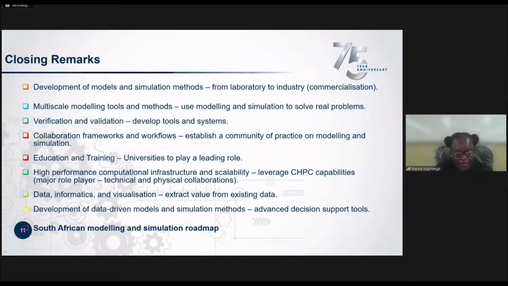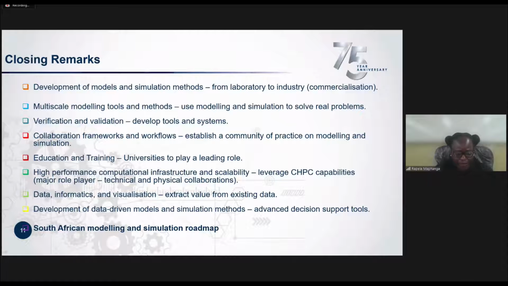And as I said, they will be the major role player, both in terms of technical and physical collaboration. They are already providing resources for everyone in the country. And also they have meetings like the one that we are having today, where we can collaborate physically.